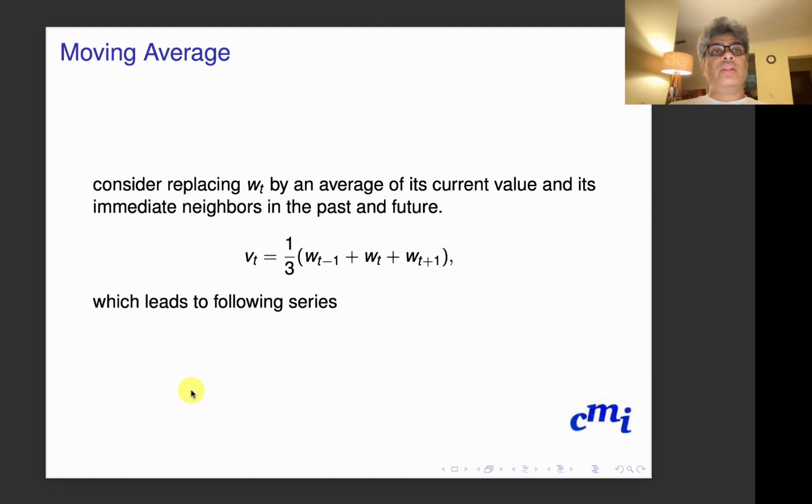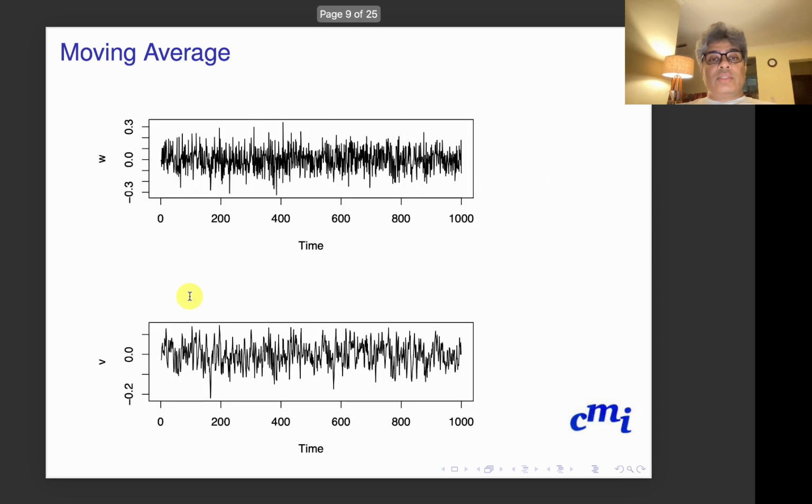Next, we will talk about moving average. Consider replacing Wt by an average of its current value and its immediate neighbors in the past and future. So Vt we define as 1/3 times (Wt minus 1 plus Wt plus Wt plus 1), which leads to the following series.